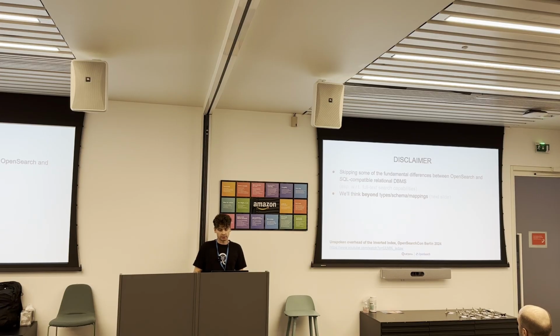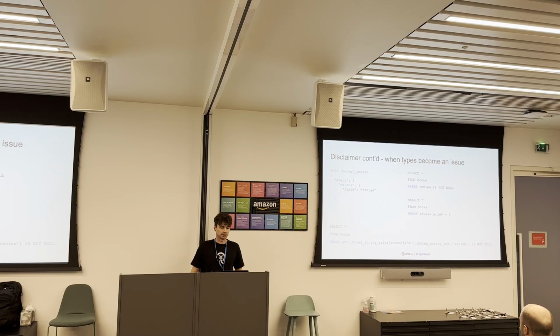And on the next slide, I will explain why we have to think beyond types, schema, or mappings, or whatever is related to the kind of an object. This is because if we were super meticulous about querying our datasets, types might become an issue at some point.